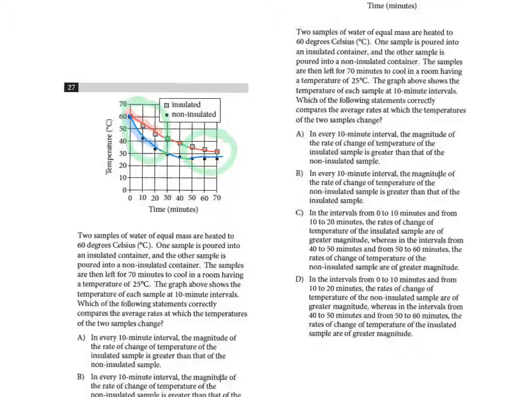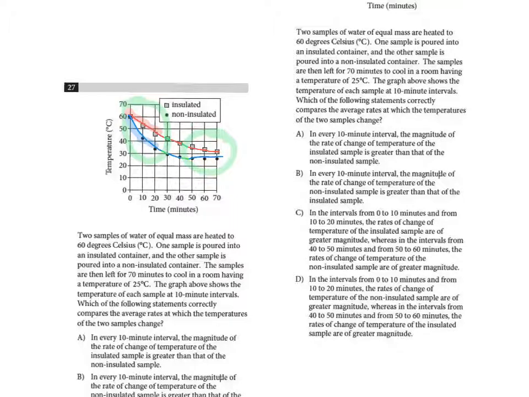And then the last one, D, in the intervals from 0 to 10 and from 10 to 20, the rates of change in temperature of the non-insulated sample are of greater magnitude. Yes, right? The non-insulated sample is losing temperature faster in this period.